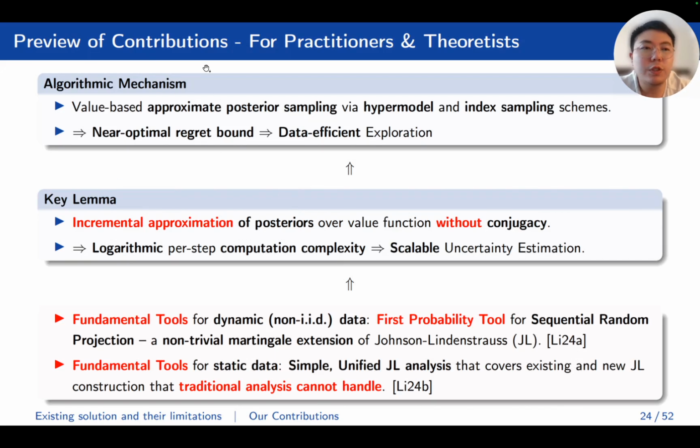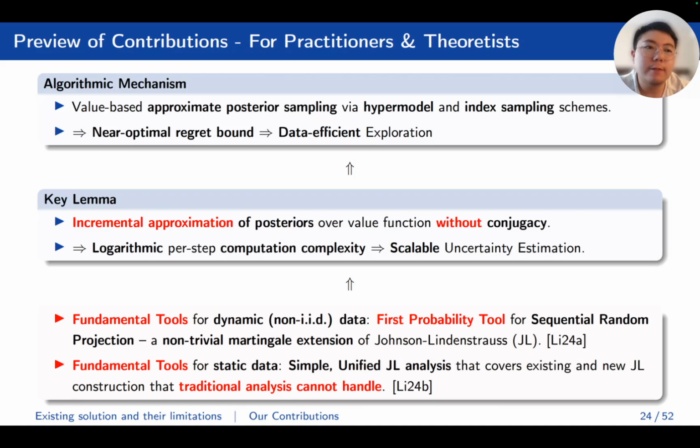To prove such a mechanism, we give a key lemma such that HyperAgent is actually an incremental posterior approximation algorithm without using any conjugate property. So this is the key insight. And also, to emphasize this incremental process, every incremental update only needs logarithmic computation complexity. So this process is computationally scalable.